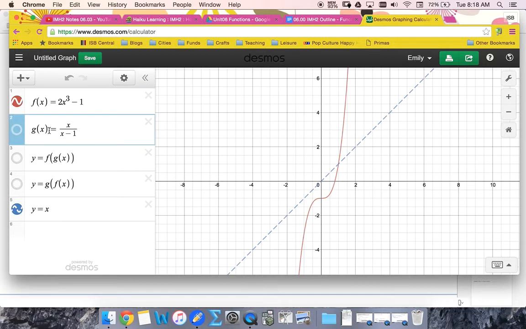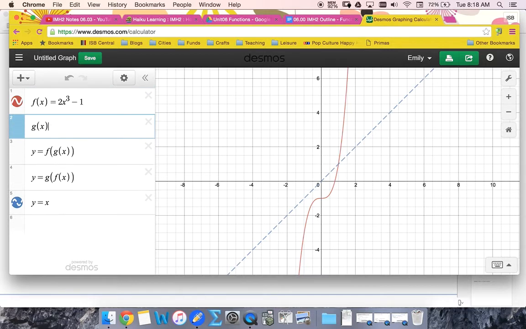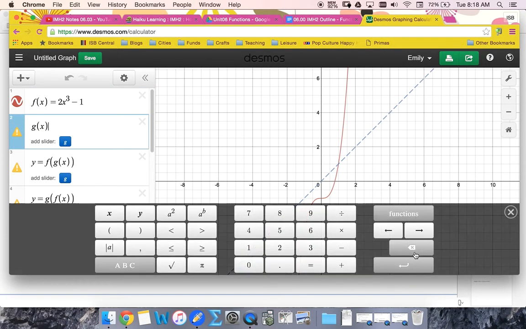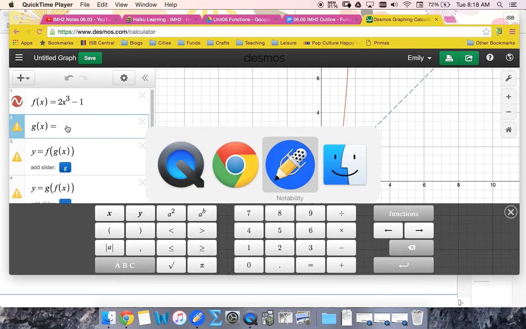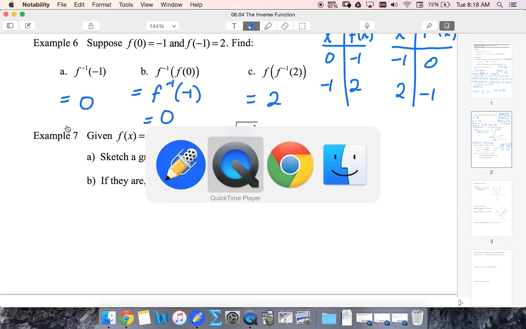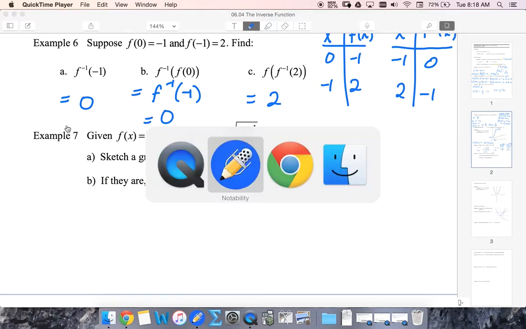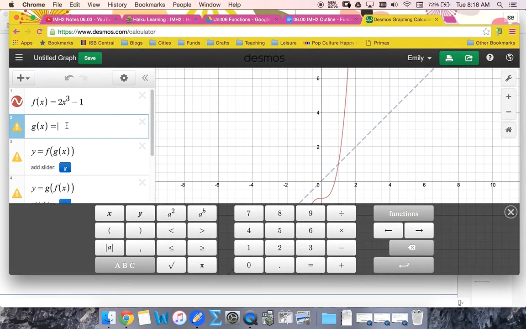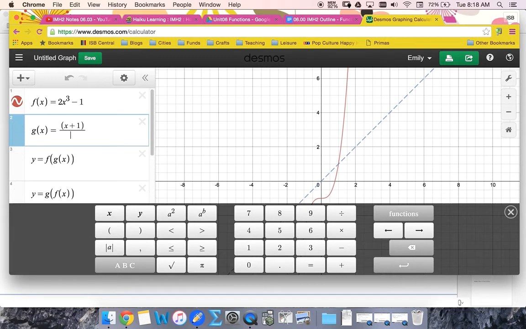G of x, we've got the cube root. So I don't have a cube root here, so I'm going to raise it to the 1/3 power. And we had x plus 1 divided by 2. So x plus 1 divided by 2.